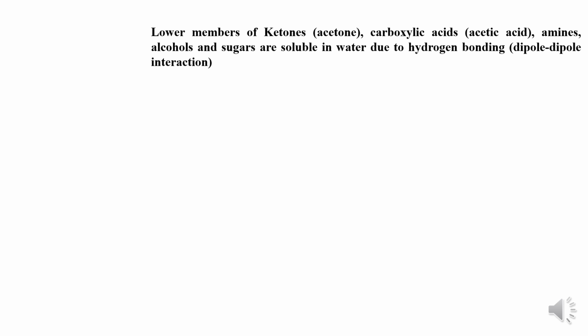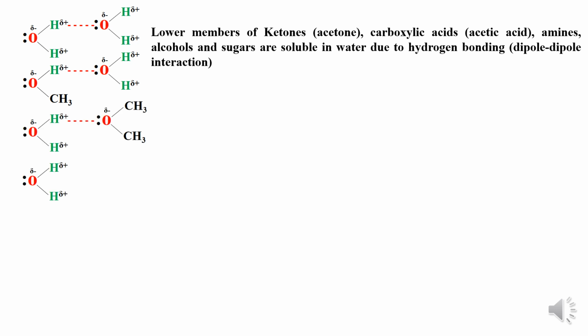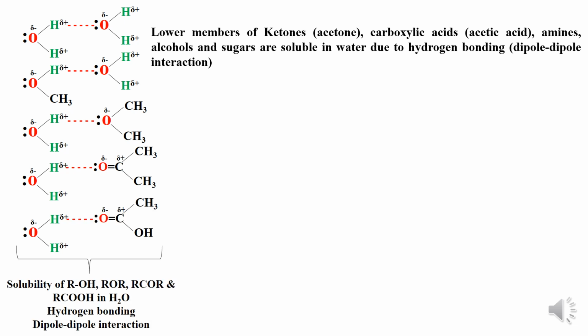So lower members of ketones like acetone, carboxylic acids like acetic acid, amines, alcohols and sugars are soluble in water due to hydrogen bonding. So it is the hydrogen bonding that leads to solubility of these organic substances in water. That is due to dipole-dipole interaction.